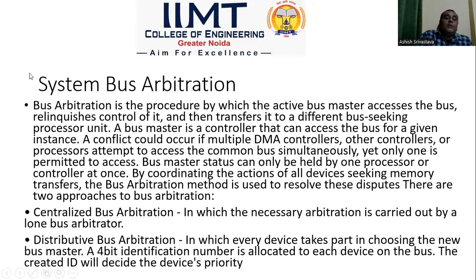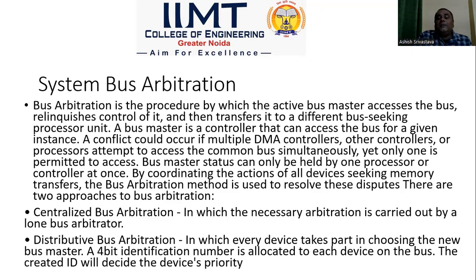Now, what about bus arbitration? What do you mean by arbitration? Bus arbitration is the procedure by which the active bus master accesses the bus, relinquishes control of it, and then transfers it to a different bus requesting processing unit. A bus master is a controller that can access the bus at a given instance.